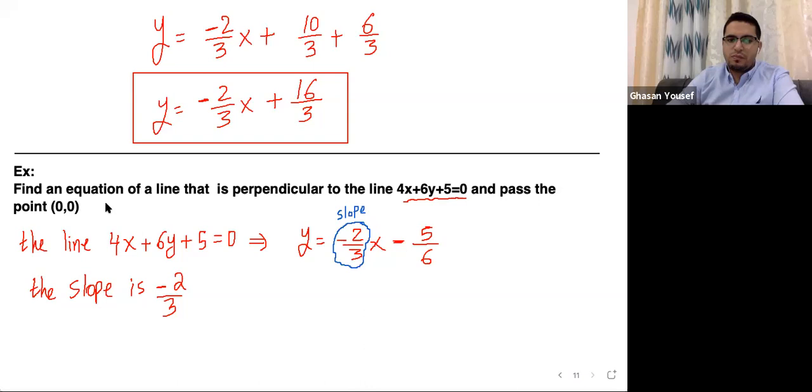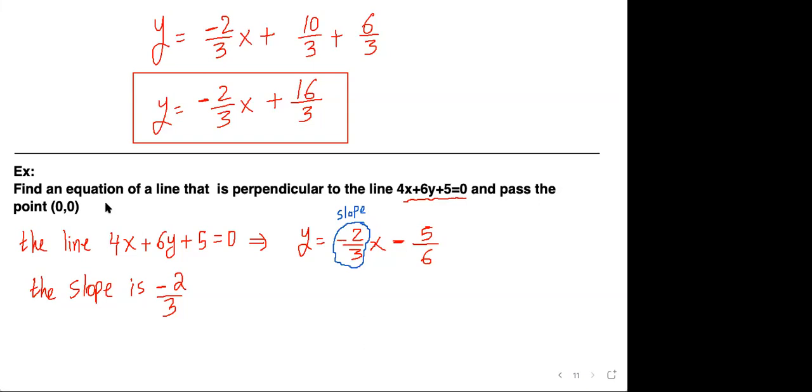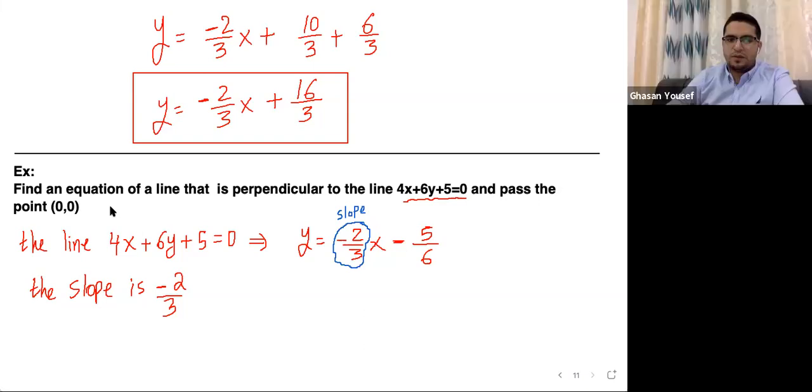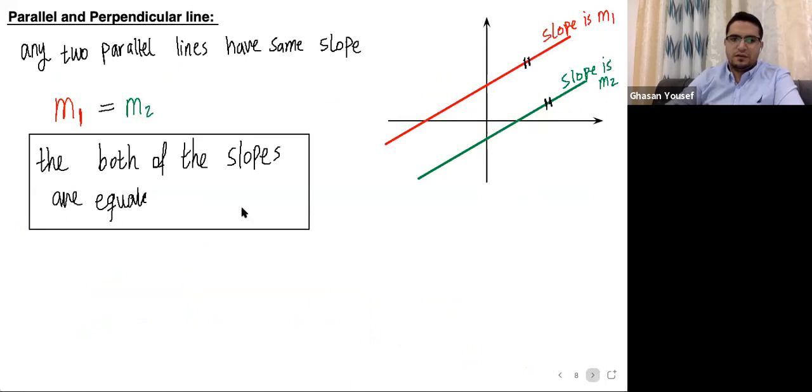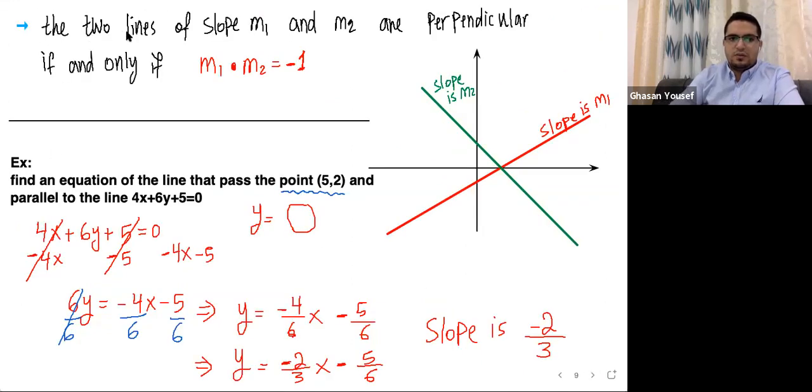Will it be 0? I don't think so, but I can use this idea here. Two lines with slopes m1 and m2 are perpendicular if and only if the multiplication of both slopes gives me -1.